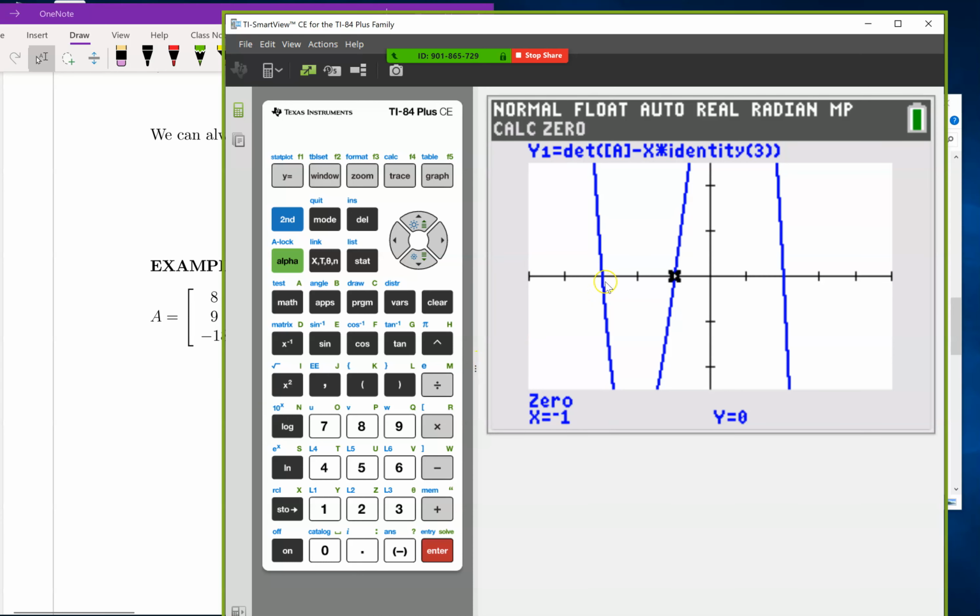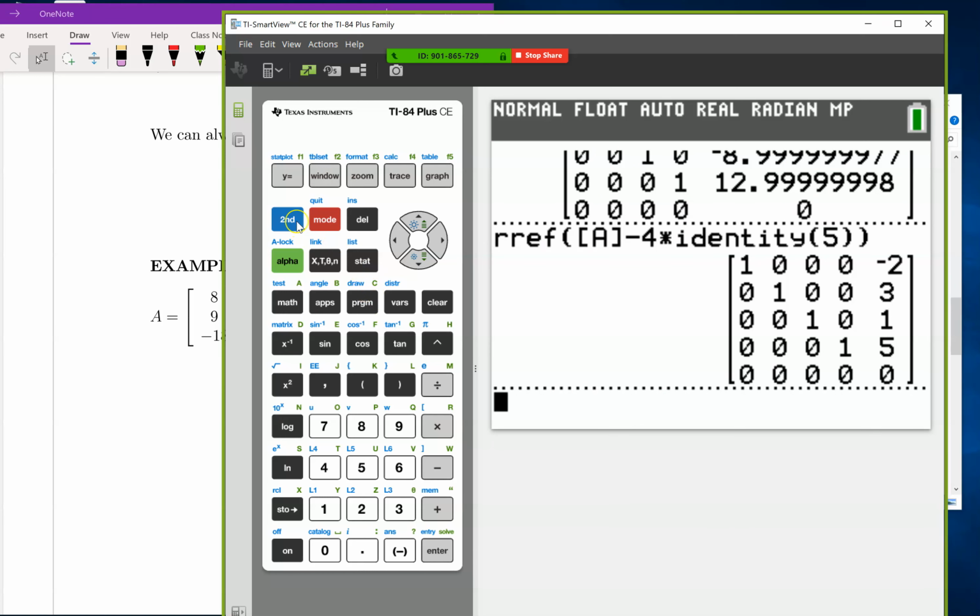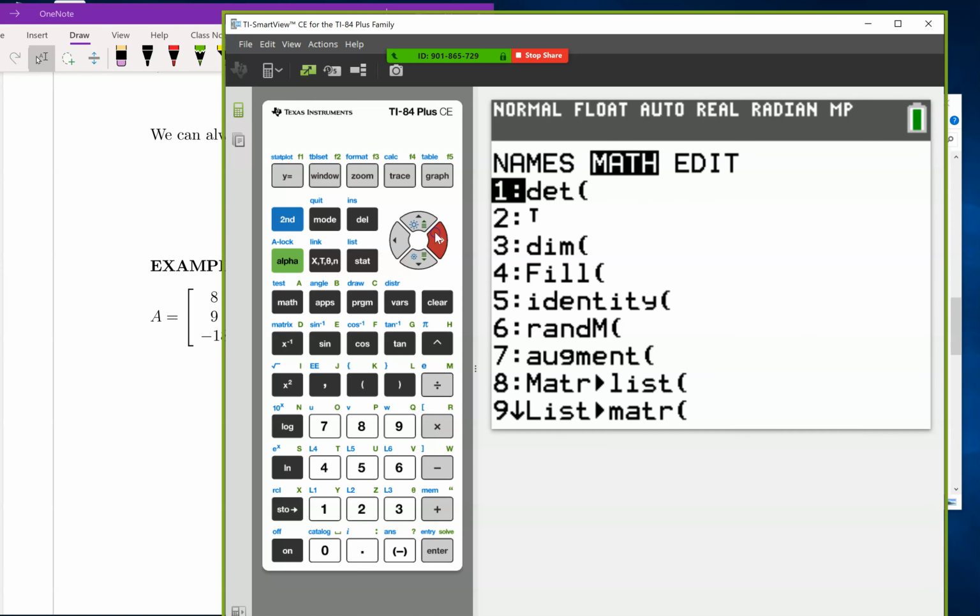All right, so again, it looks like our eigenvalues here are -3, -1, and 2. And again, we should be able to see rather quickly whether or not that's true. So if I go back to our main screen, and let's do matrix, math. I want to do reduced row echelon form.